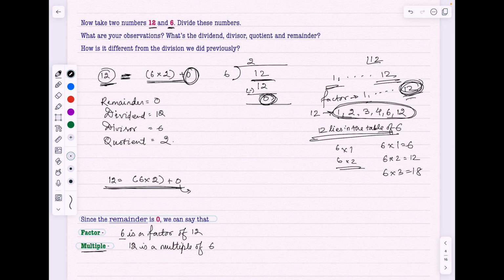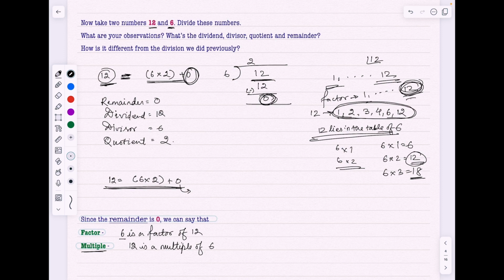If I multiply 6 two times, I get 12. If I multiply 6 three times, I get 18. So I can get 12 or 18 by multiplying 6 some number of times. That is the meaning of multiple.